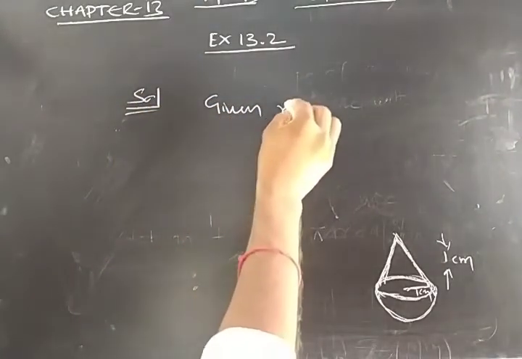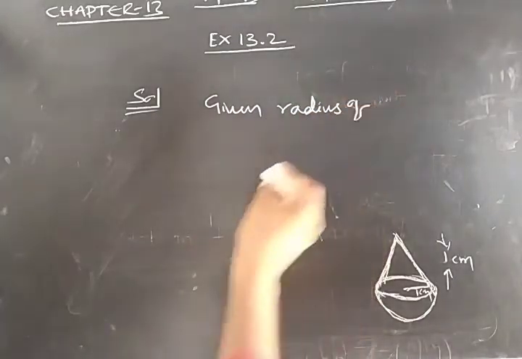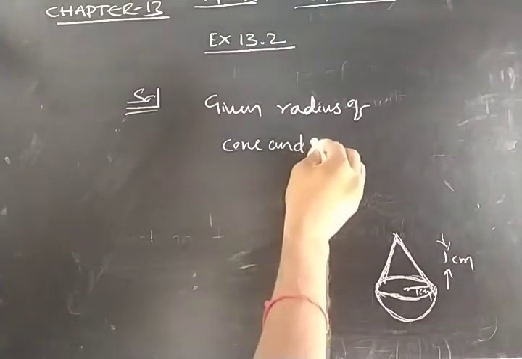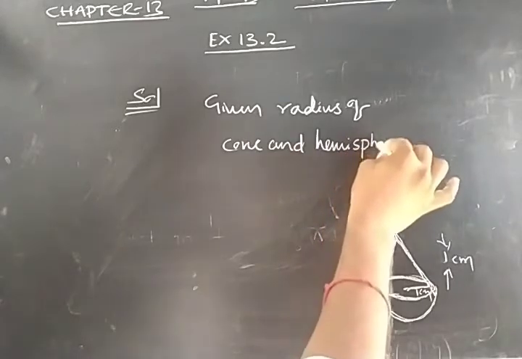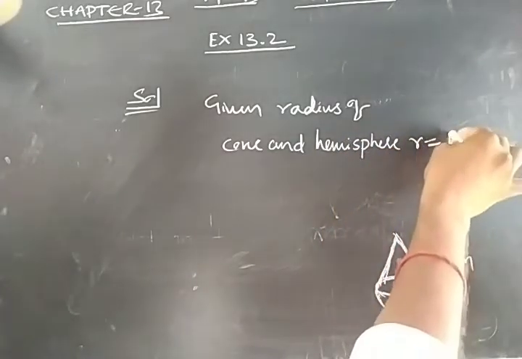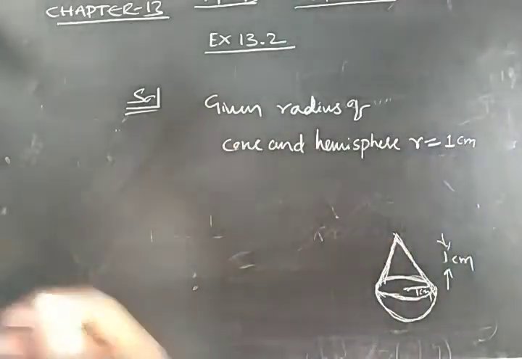Solution. What is given? Given the radius of cone and hemisphere, r is equal to 1 centimeter. For both cone and hemisphere the radius is the same, so I am taking it as 1 centimeter.